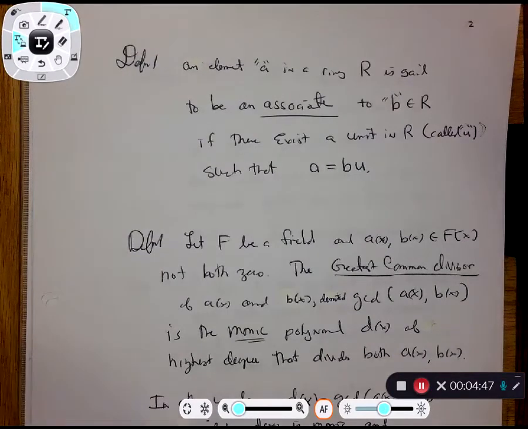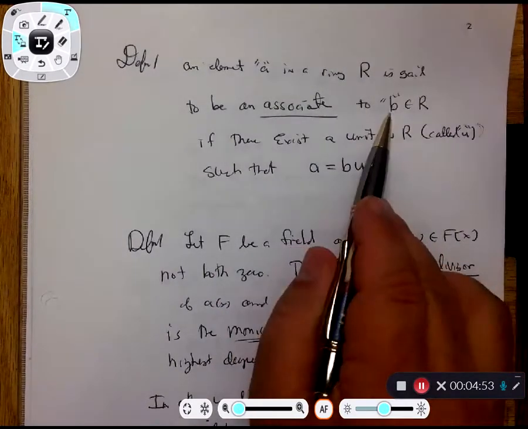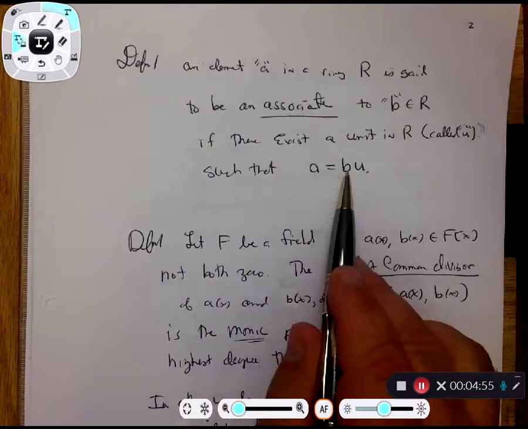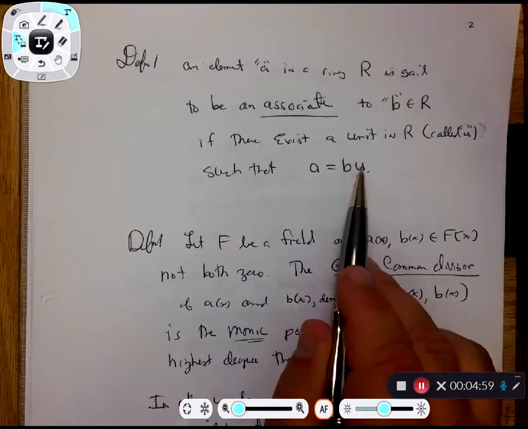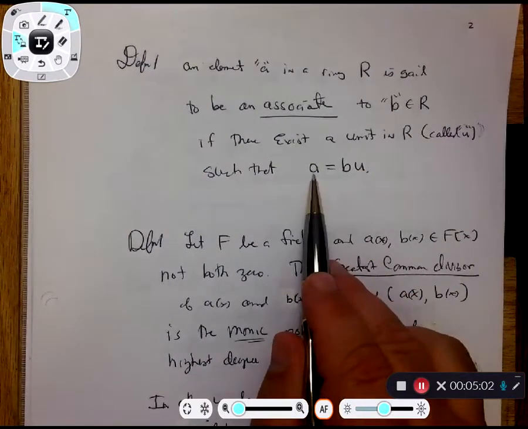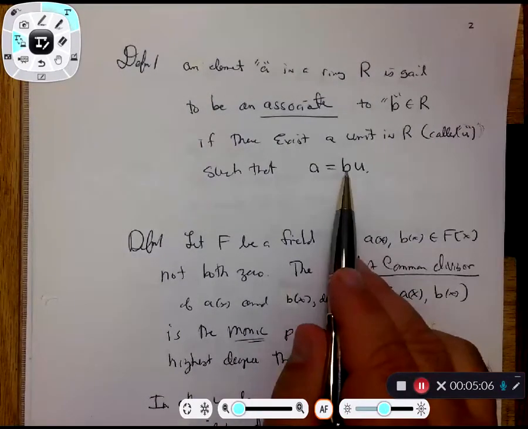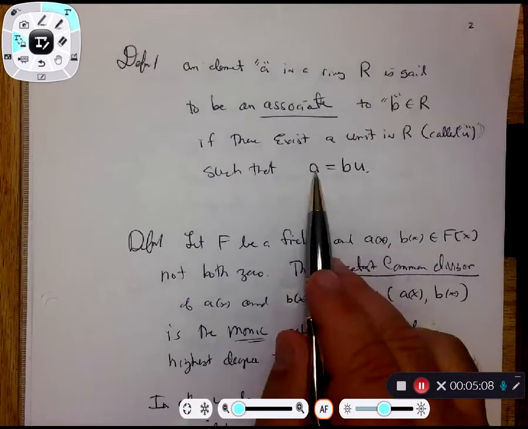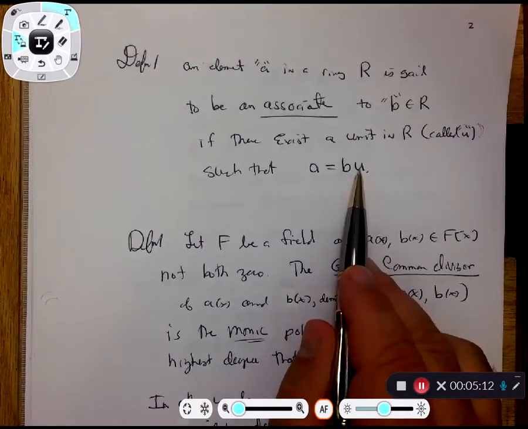The associates is the relationship between elements. So if I've got two elements, they're not equal to each other. But if I take one element and multiply it by a unit, an invertible element, and it's equal to the other one, then A and B may not be equal to each other, but we're going to call these associates. So they're almost equal to each other. They differ by just the idea of multiplying by a unit.